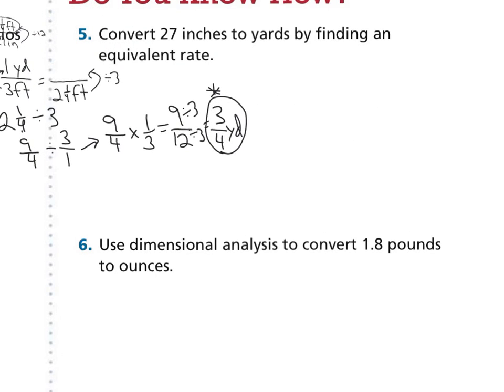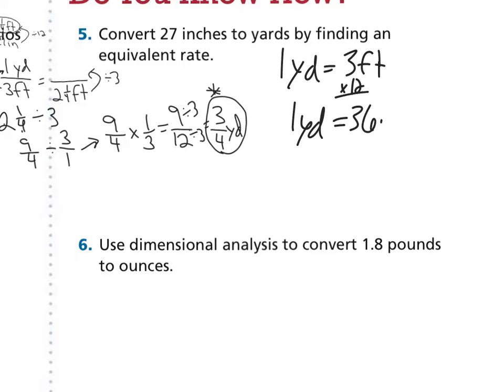A different way you could have done this problem is that you could have looked at 1 yard is 3 feet. And then if you know there's 12 inches in a foot, you could say a yard is 36 inches.